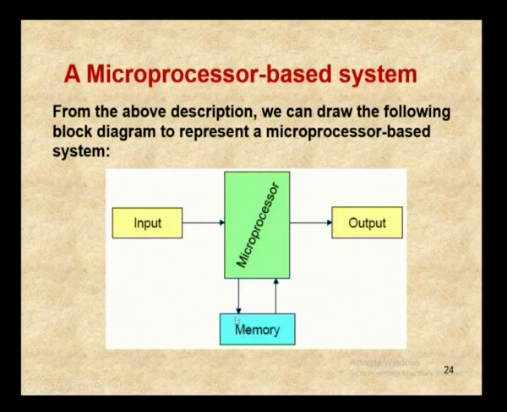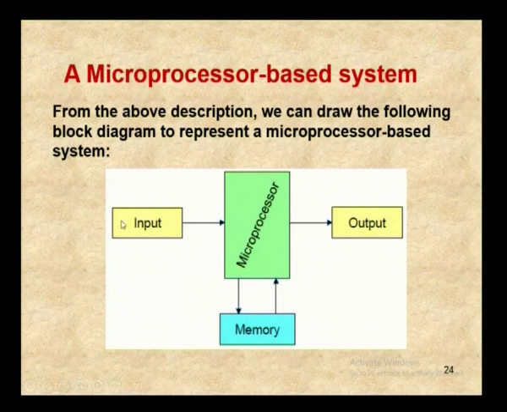The memory stores the data as ones and zeros, and you can see the arrow going this way as well as that way. That means the microprocessor can take the data from the memory, process it, and send it back to the memory, store it back. It can also send the data to the output device, a monitor, printer and so on, and it also has to receive data, so you see the arrow in this direction.